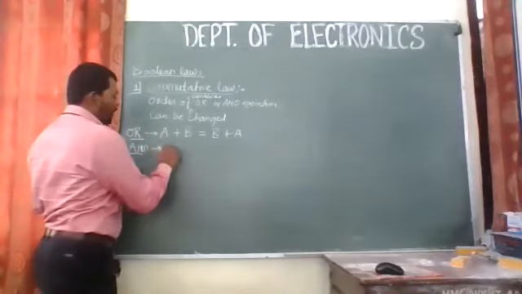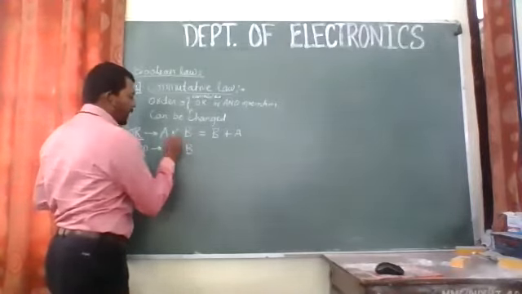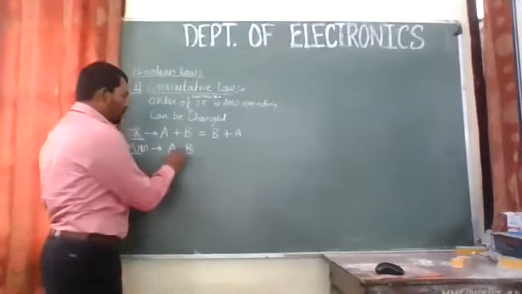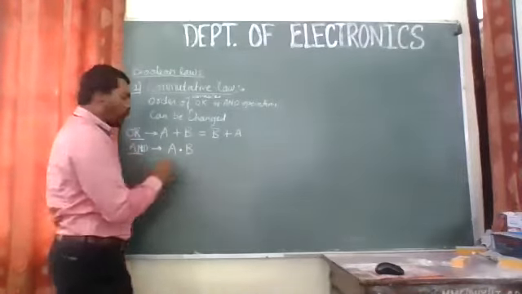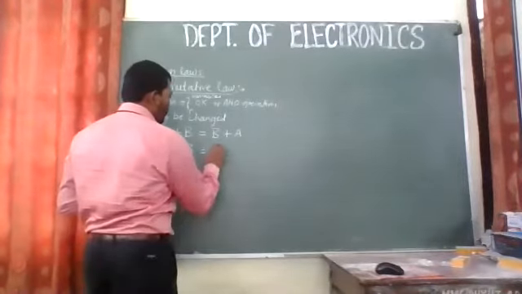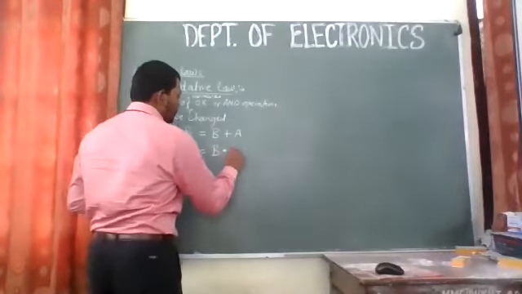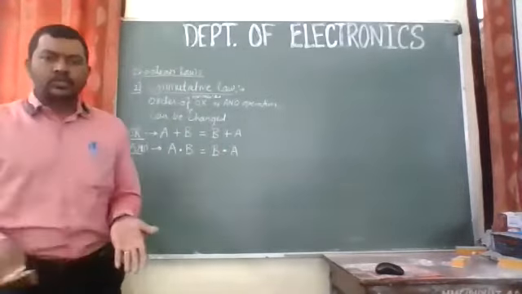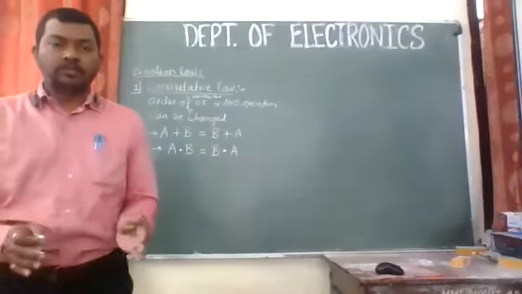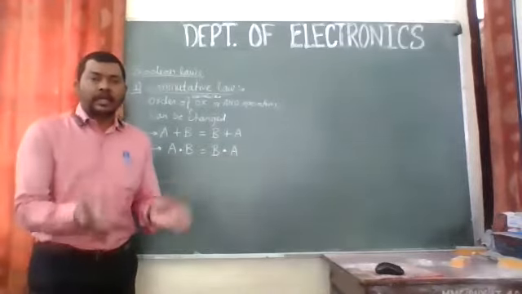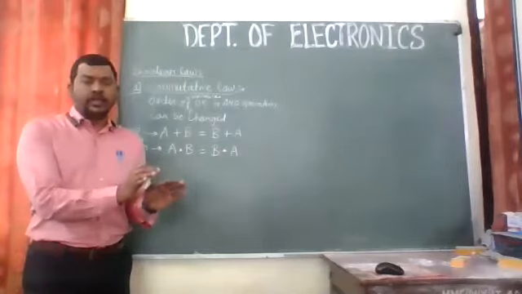Similarly, for the AND operation, we have two variables A and B. A dot B can be equated to B dot A. This is the simplest law. The positions of the variables can be interchanged.